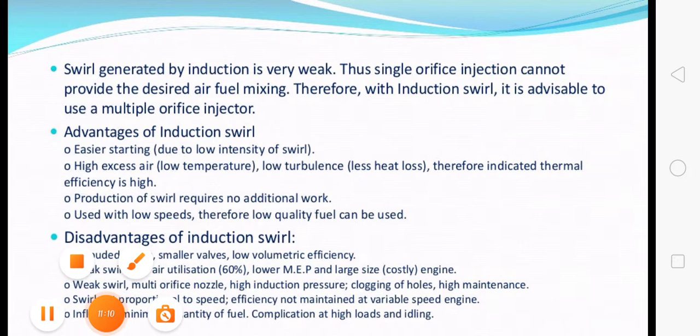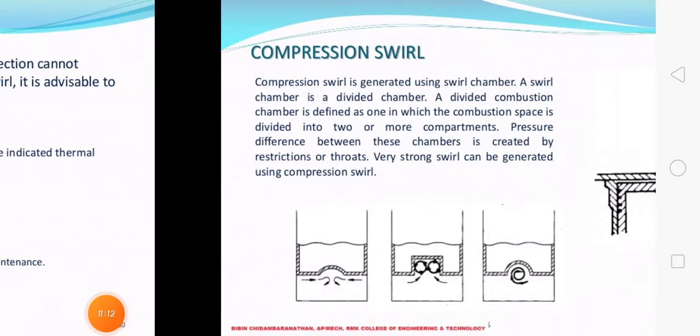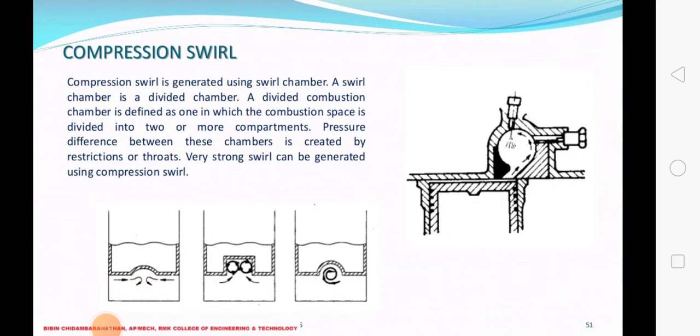Next one we will see is combustion swirl. This is the second method of generating swirl, and it is generally known as a swirl chamber. It is a divided chamber.